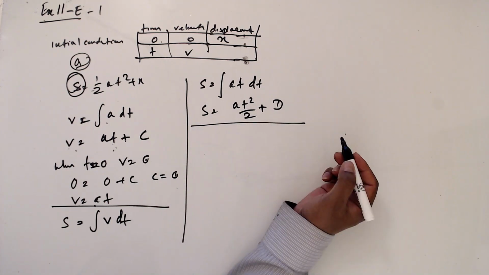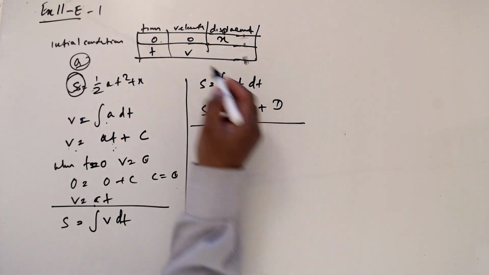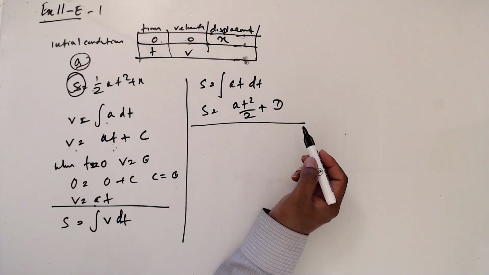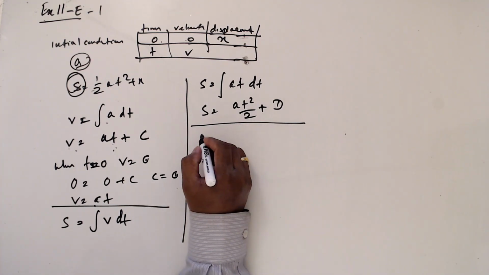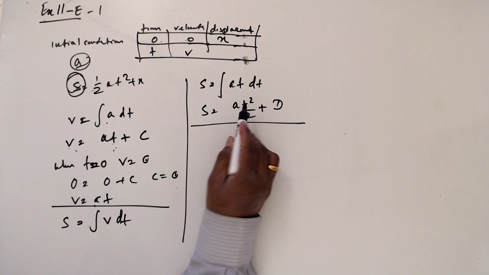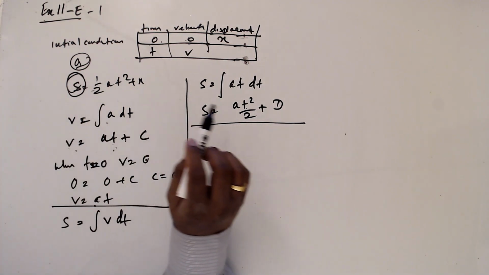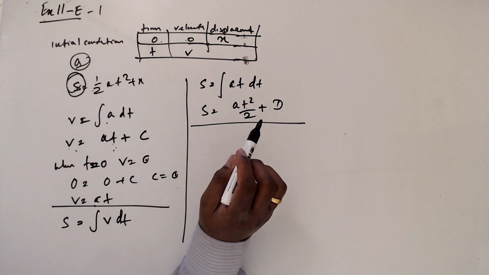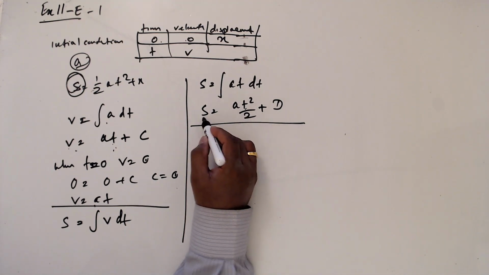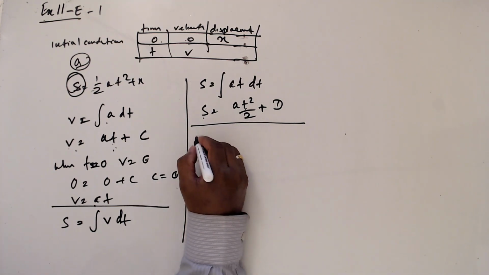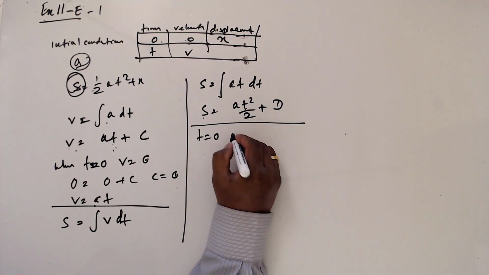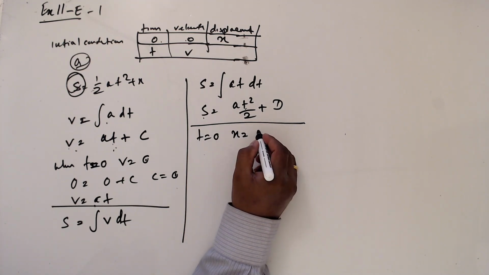Now what are the conditions we have? When t equals 0, s equals x.